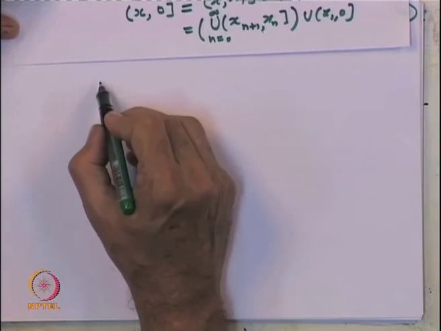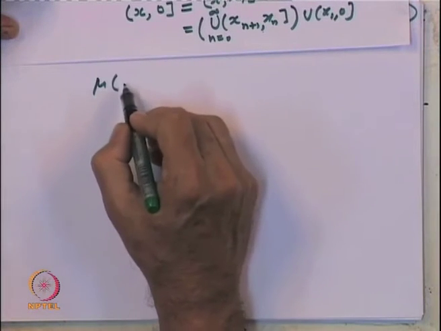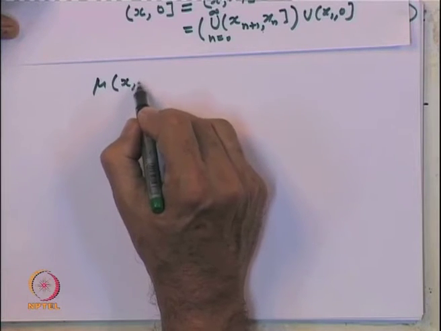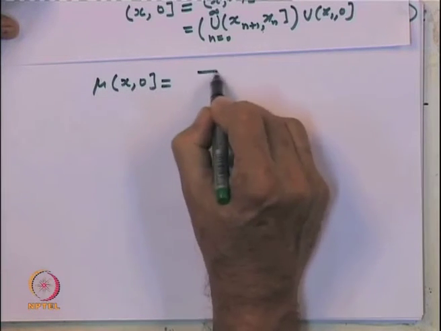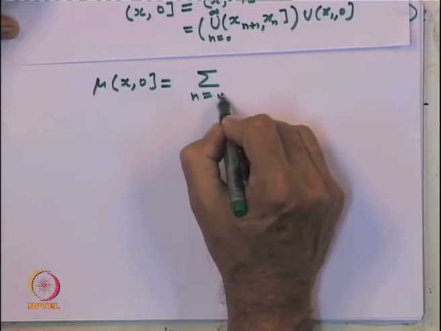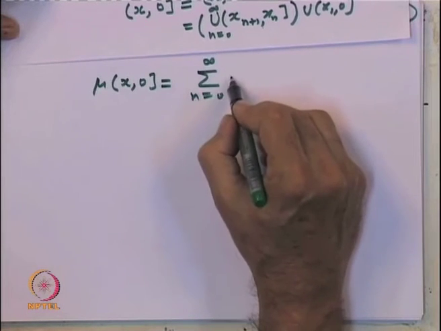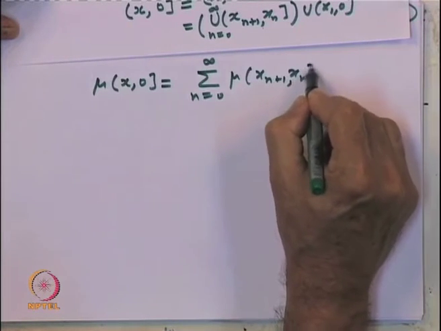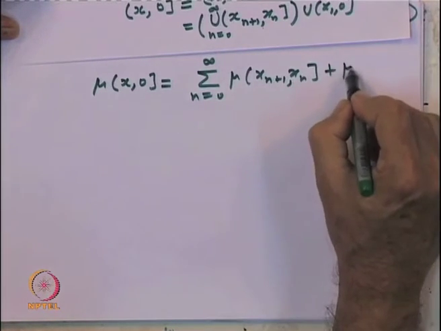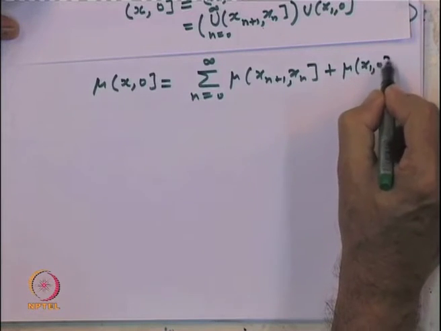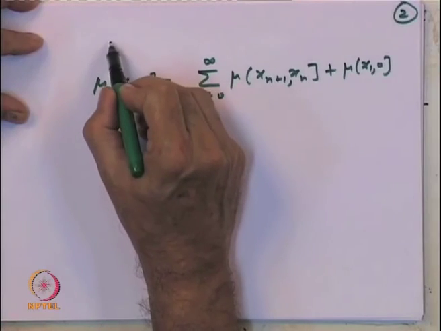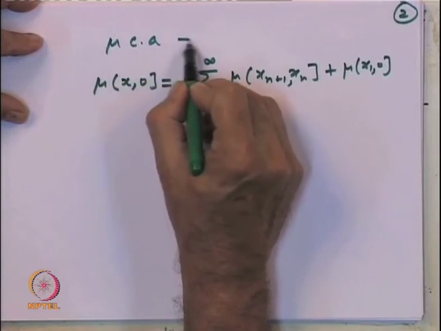So, I can write mu of this, using the countable additive property of the set function, as the summation n equal to 0 to infinity of mu of (x_{n+1}, x_n], plus mu of (x_1, 0]. Here we have used the fact that mu is countably additive.